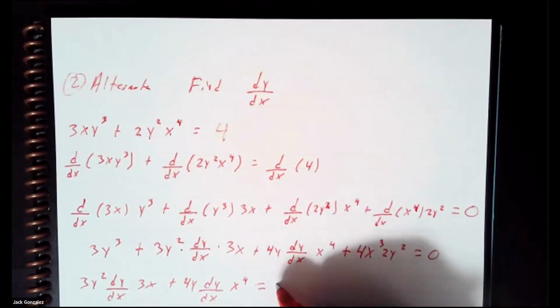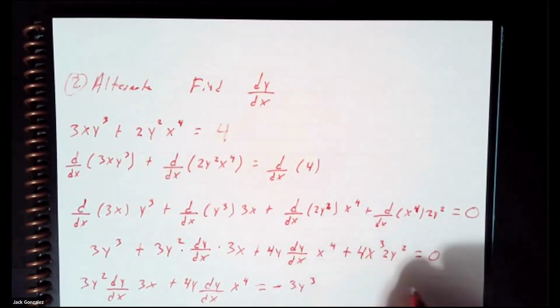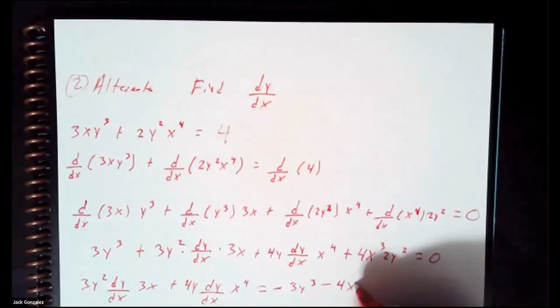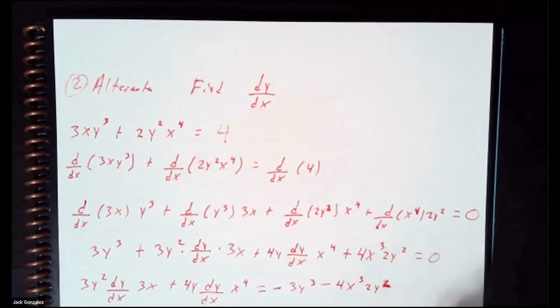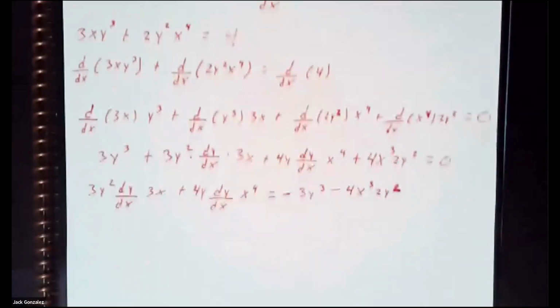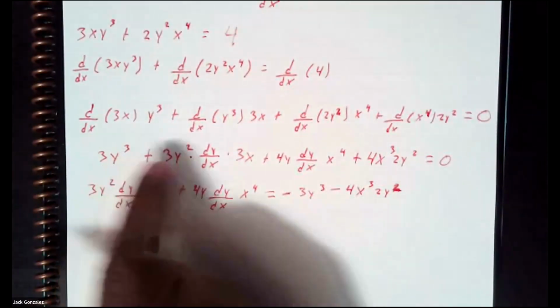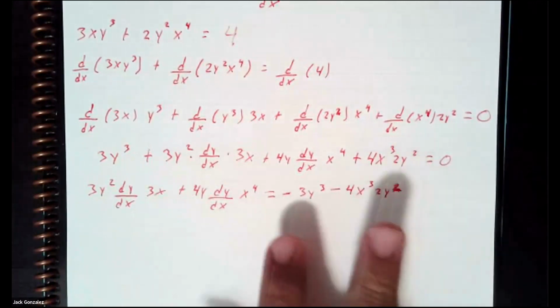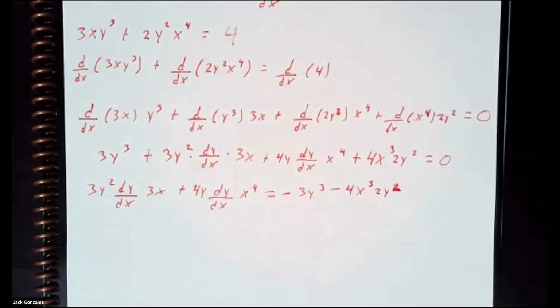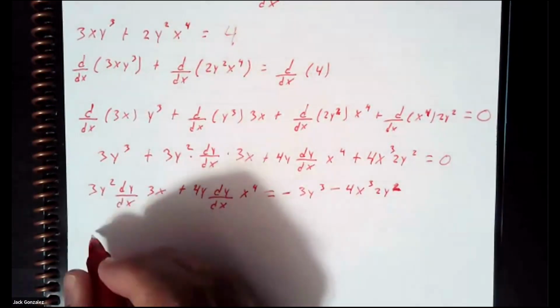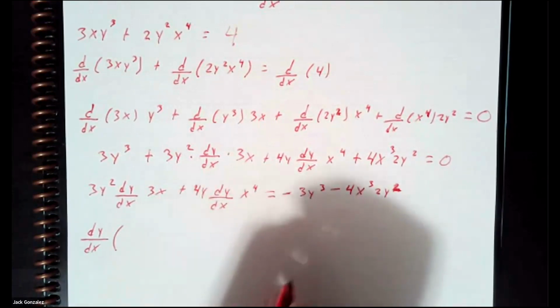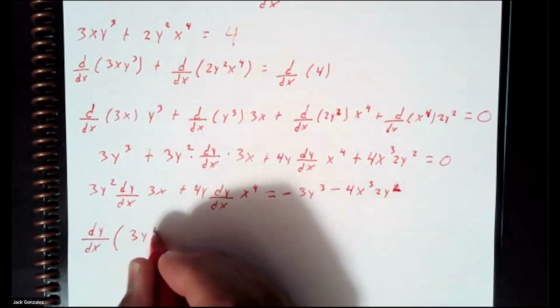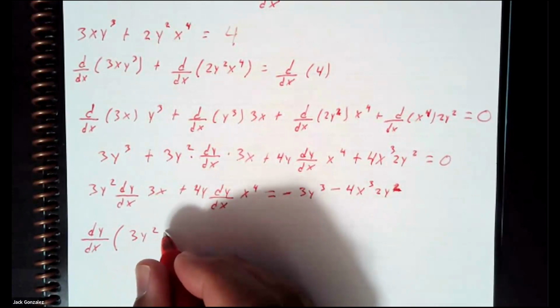Okay, so subtract this to the right. All right. So I subtracted this term and that term here. Factor out dy dx, that'll be 3y squared, 3x.